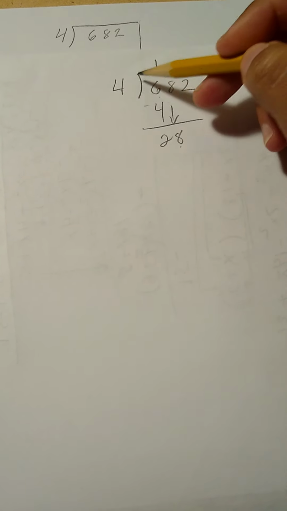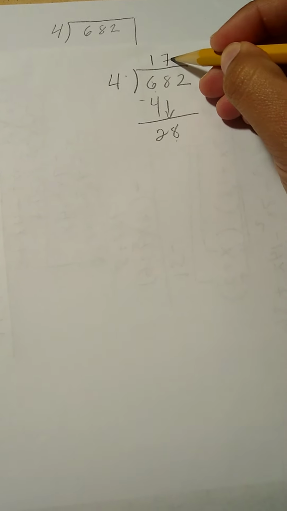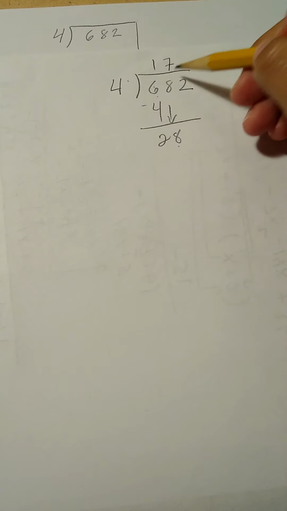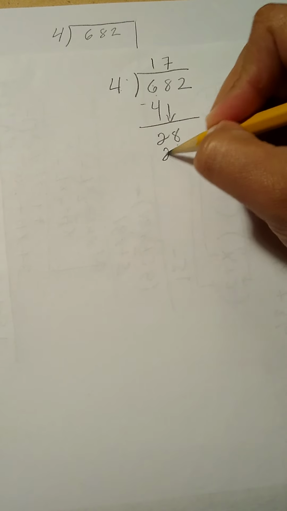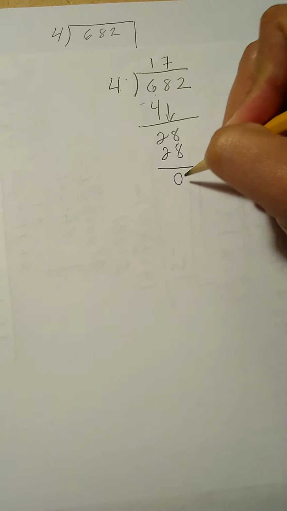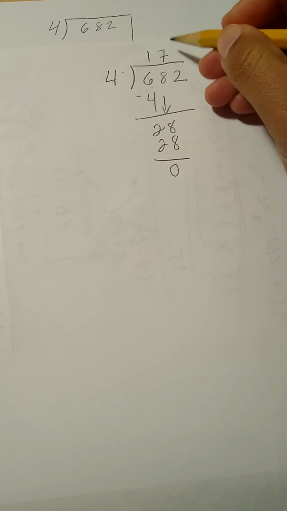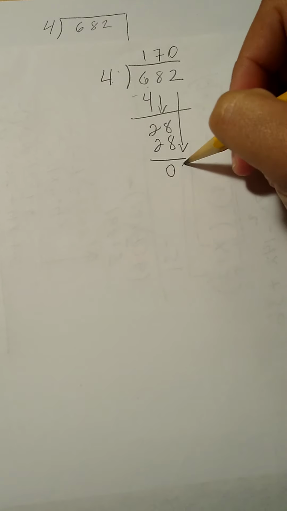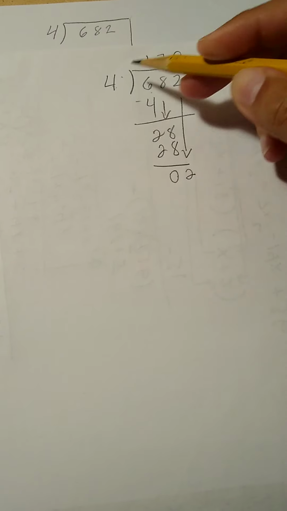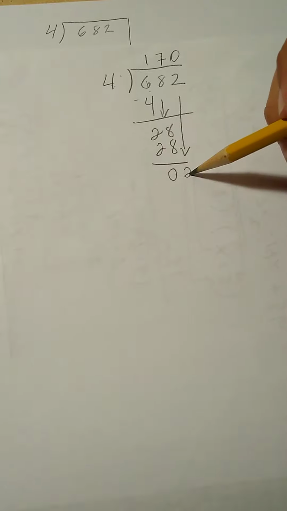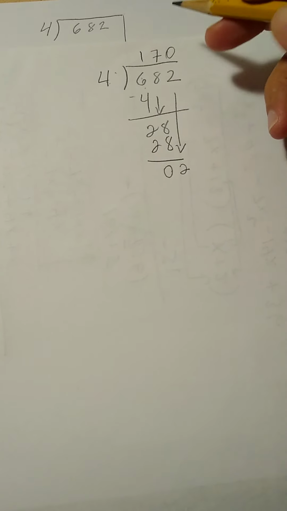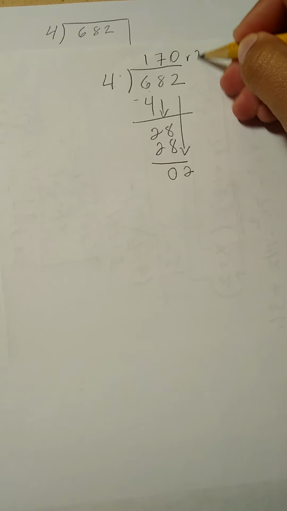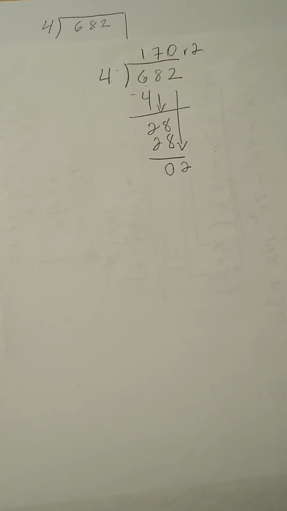How many times can 4 go into 28? That's 7. And then 7 times 4 is 28. That's 0. How many times can 4 go into 0? Of course, 0. Bring down 2. Now, how many times can 4 go into 2? None. So that's your remainder. Look how fast. That's fast.